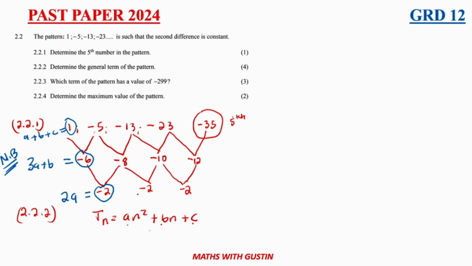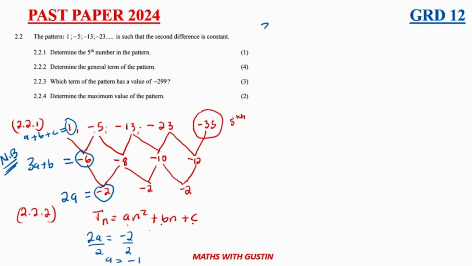I'm going to continue with a blue marker so that you guys see exactly what I'm talking about. So now let's have a look at this one here. 2a would be equal to negative 2. So dividing everything by 2 ultimately gives us a equals negative 1. All right, so we already have a.